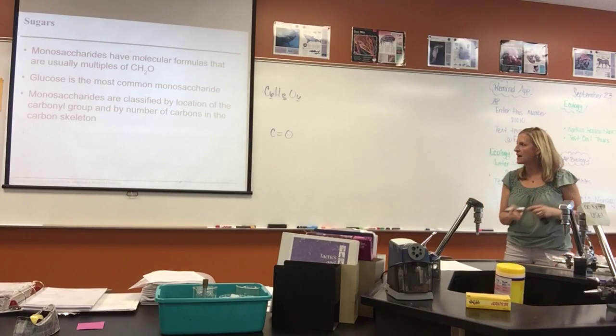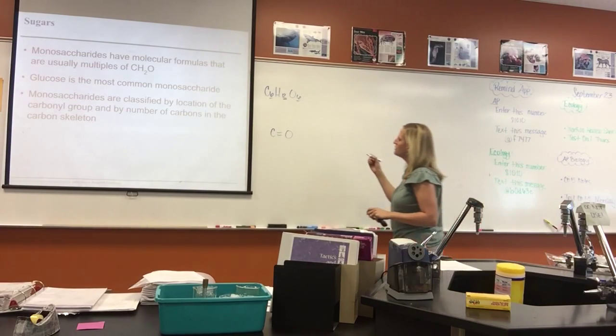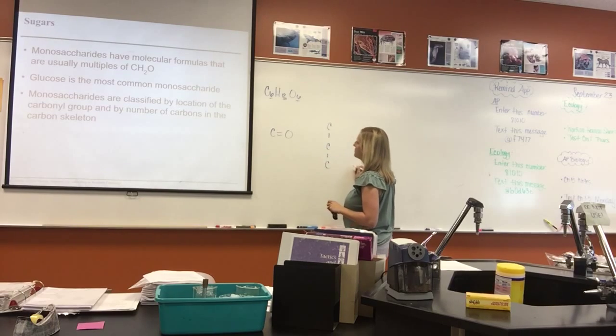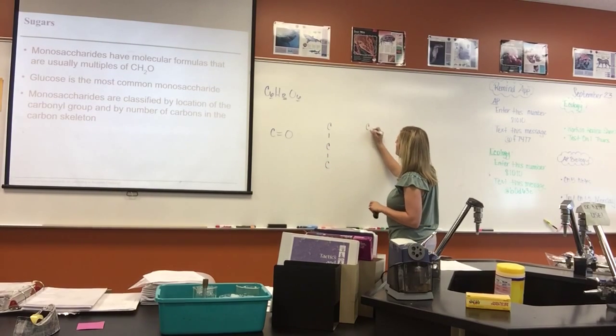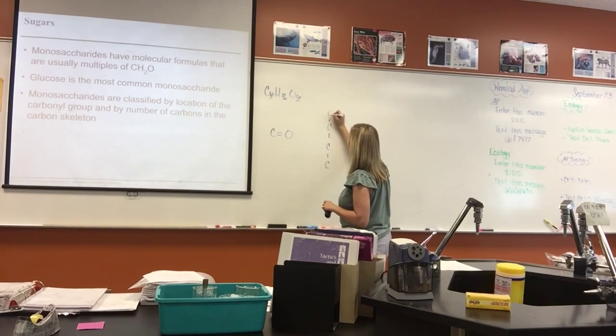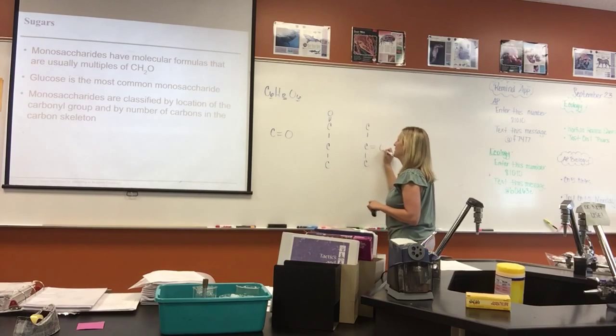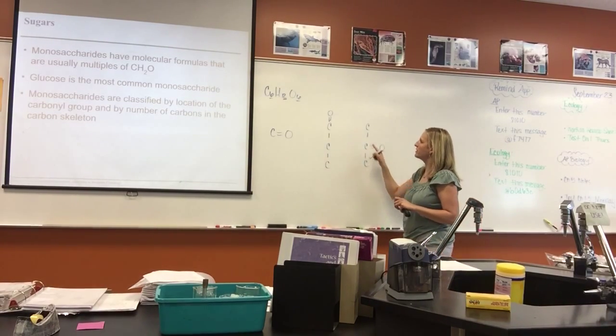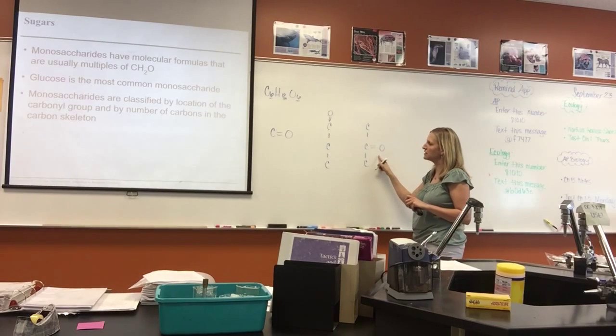So then let me ask you this. The carbonyl group can be located in different parts of the molecule. So if I have two molecules that are 3 carbons long, let's say the carbonyl group here is at the end, and here it's coming off the center. This is what these different molecules are called as a result.